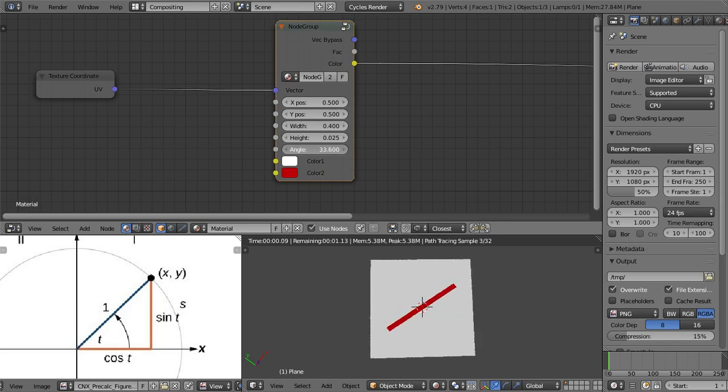Yeah, I guess I didn't need to invert the angle. Okay. So there's 30 degrees. There's 45. Of course, 90. Alright.